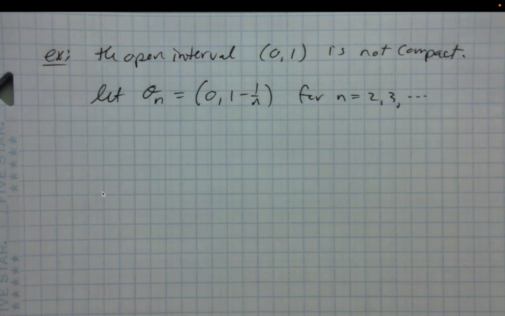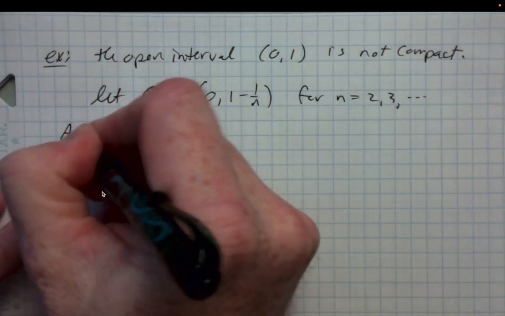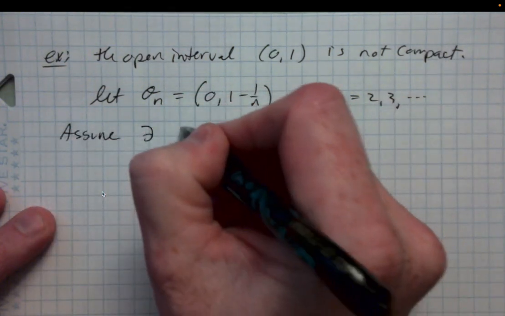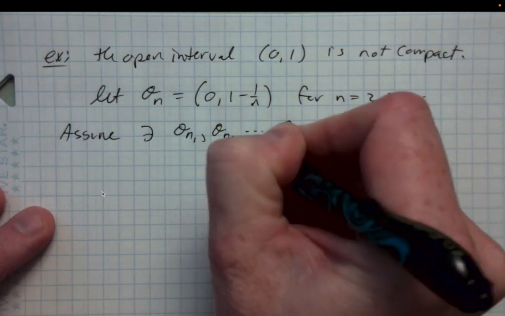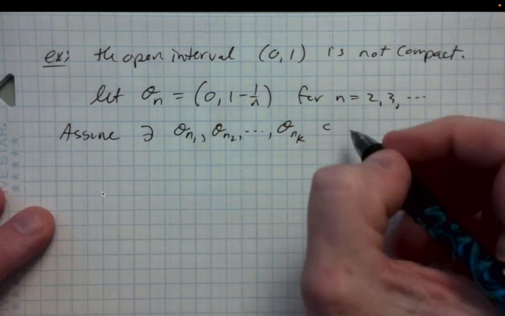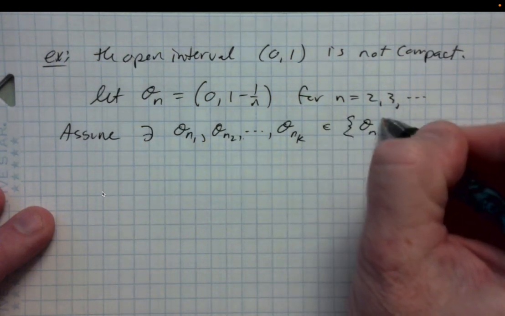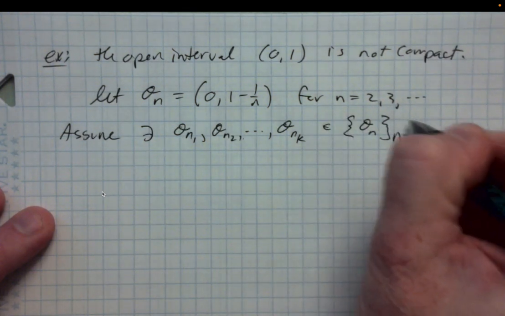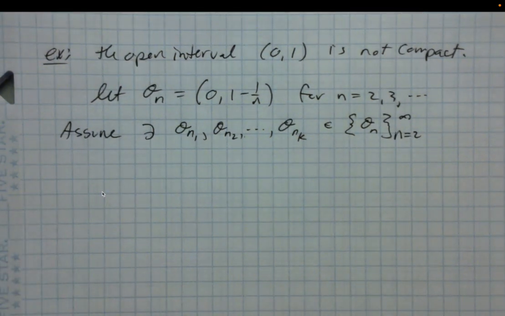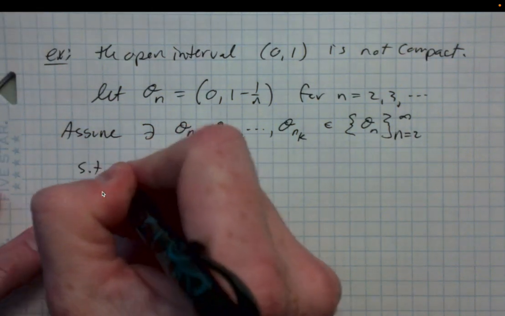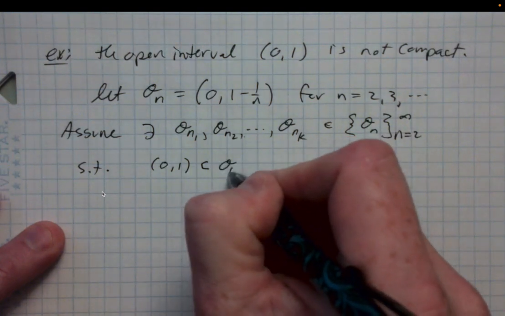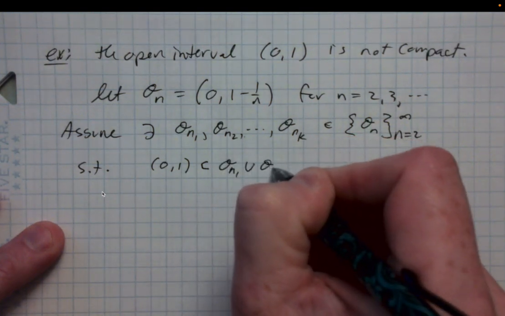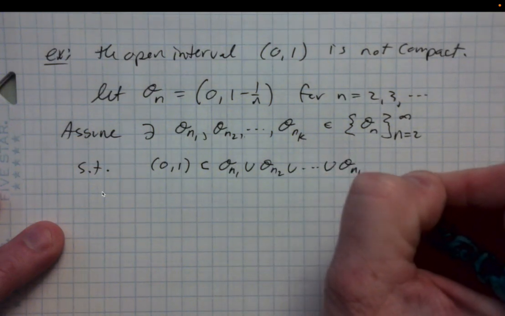Let's assume there exist O_N1, O_N2, dot dot dot, O_NK, and these are going to be from this collection, O_n for n equals 2 to infinity. So let's assume that there is some finite collection such that the interval 0 to 1 is contained in this union, O_N1 or O_N2 or dot dot dot or O_NK.